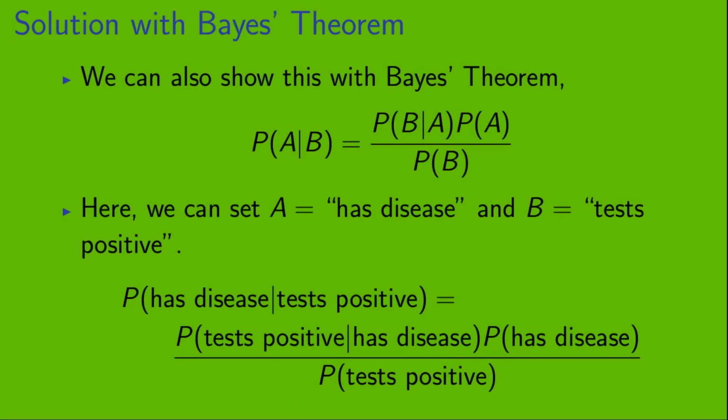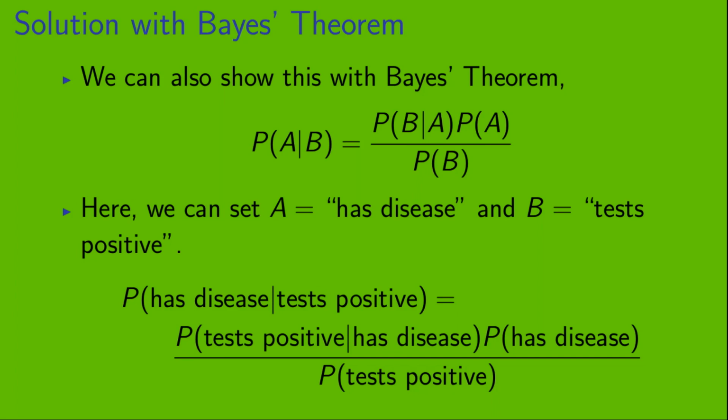We can also show this with Bayes' theorem, which says that the probability of A given B is equal to the probability of B given A times the probability of A divided by the probability of B. So here we can set A equal to has disease and B equal to tests positive.